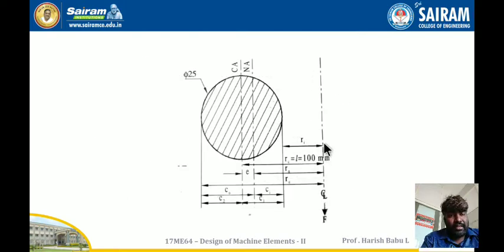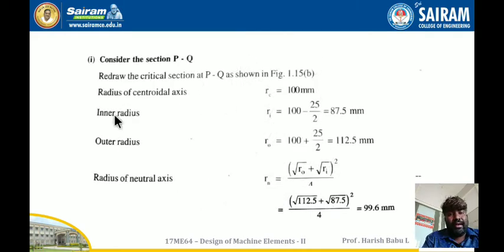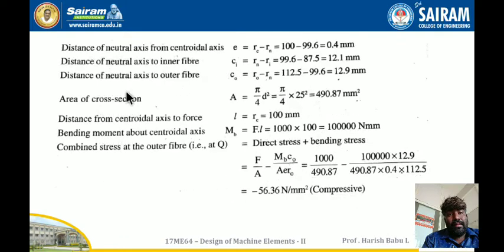The PQ cross section has been drawn with Ri and Rc is equal to 100. So I am going to find out again the inner radius, outer radius, radius of neutral axis Rn, the distance of the neutral axis from the centroidal axis E is equal to Rc minus Rn, the distance between the neutral axis to the inner fiber Ci is equal to Rn minus Ri, neutral axis to the outer fiber is R naught minus Rn, area of cross section pi by 4 into d square, distance from the centroidal axis L, that will be equal to Rc in this case, so it will be equal to 100.